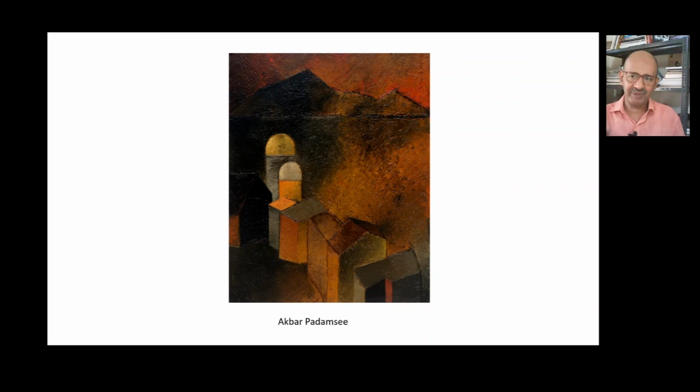Now, even Akbar Padamsee, in his rather conceptual landscape, is using signs and symbols of city life. So most of them, these new artists, directly or indirectly addressing city life, the new urban situation of post-independent India as the new space, new visual space to explore their art.